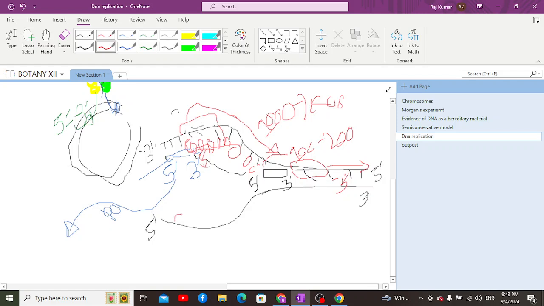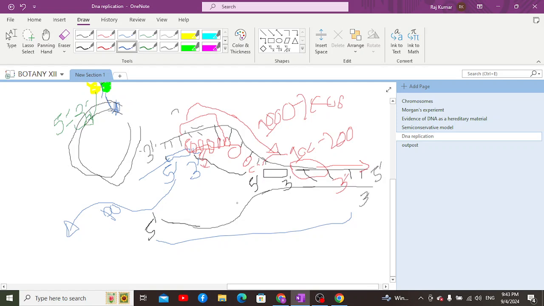Now if we talk about this strand over here, there would be the formation of primer once again. Okay, there would be the formation of primer over here as well. Let's say this is the primer. Now over here the primer would not be added from this side because this side is 5 prime to 3 prime, and what we really need to create is an anti-parallel strand, and that anti-parallel strand would require the primer to be added on the opposite side from 3 prime to 5 prime, because primer is from 5 prime to 3 prime, and the DNA would be created in the direction of the primer.